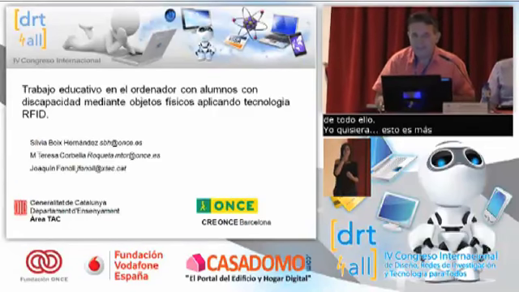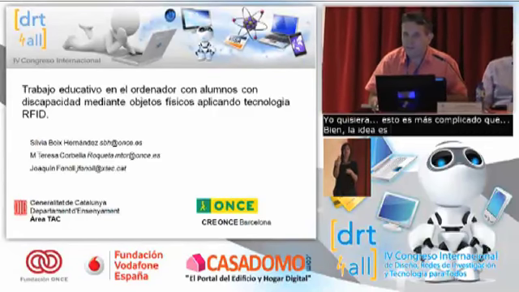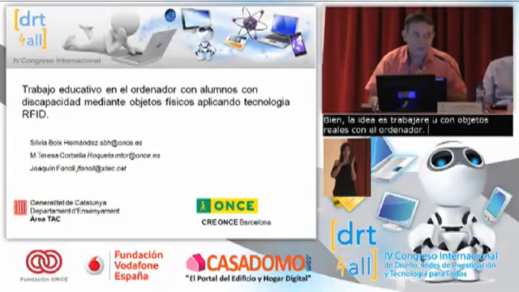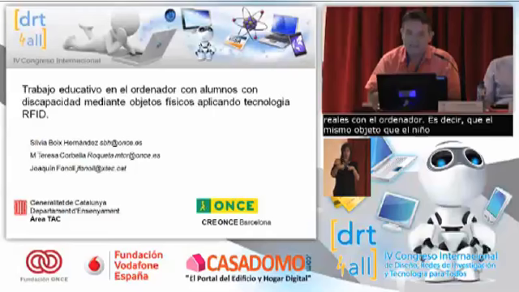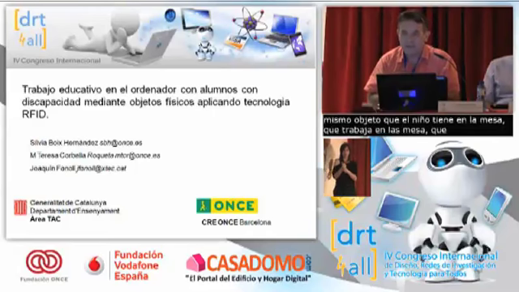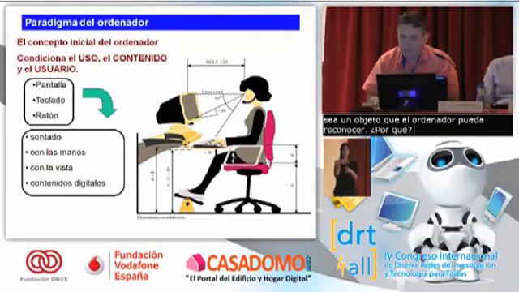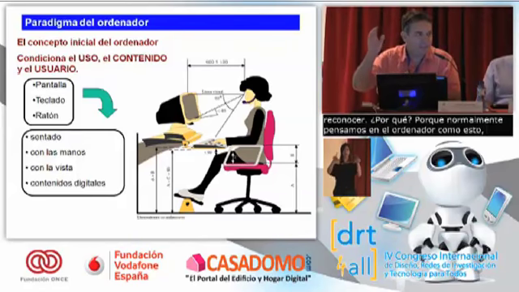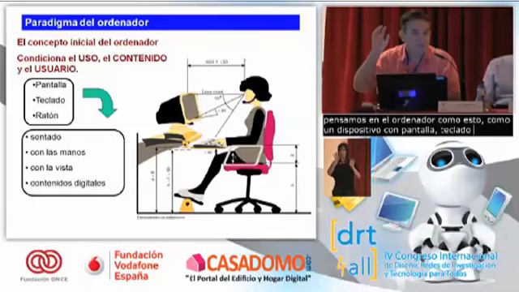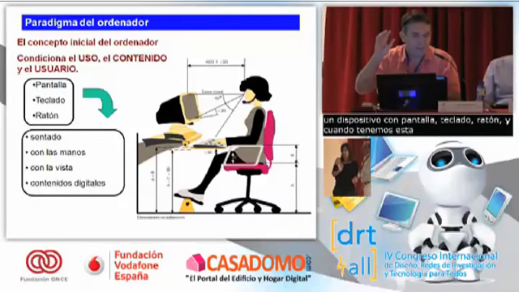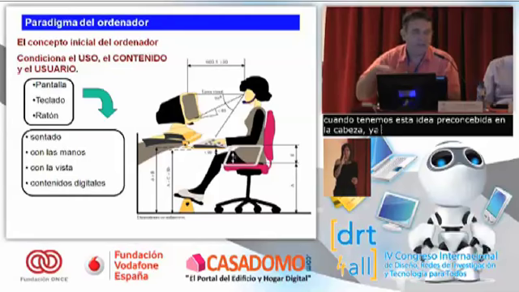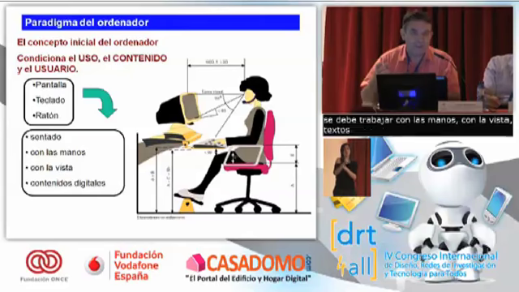Okay. The idea is to work with real objects in the computer, so that the same object that the child has on the table can also be an object that can be recognized by the computer. And why? Because normally we think about a computer as something like this, a device with a screen, keyboard, mouse, and when we have this preconceived idea, we are conditioning how we should work with the hands, with the side, how we text, etc., anything that may come out on screen.